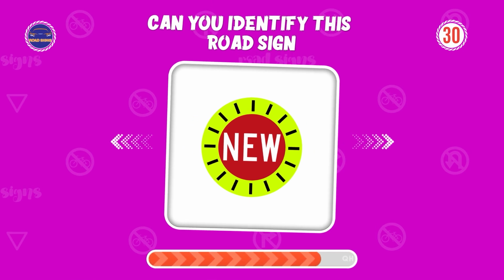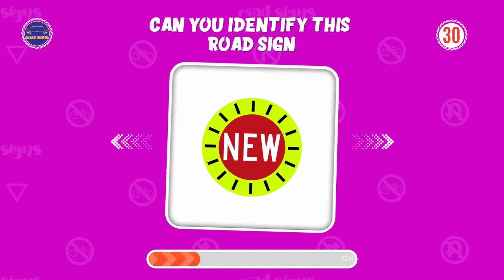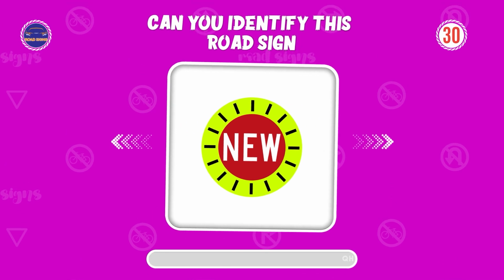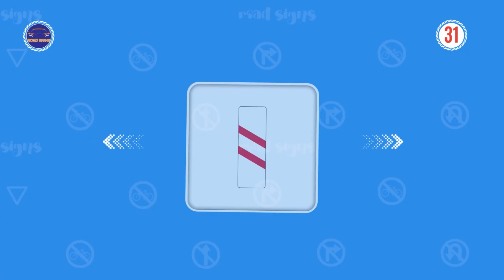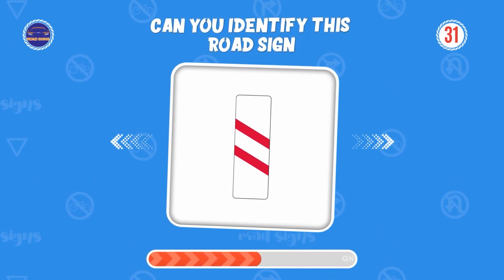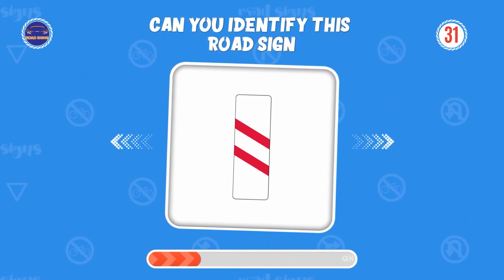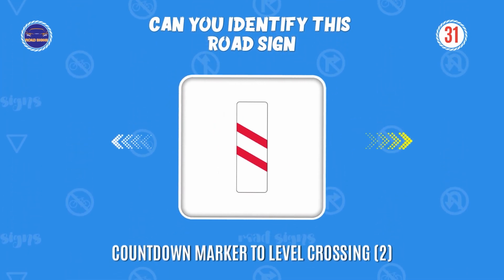What does this newly placed sign signify? New. What countdown marker is displayed on this sign? B. Countdown marker to level crossing 2.